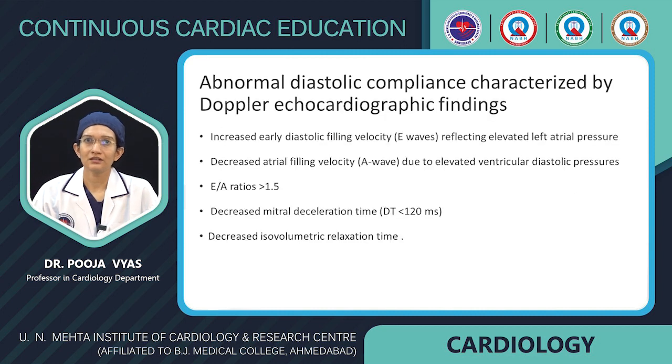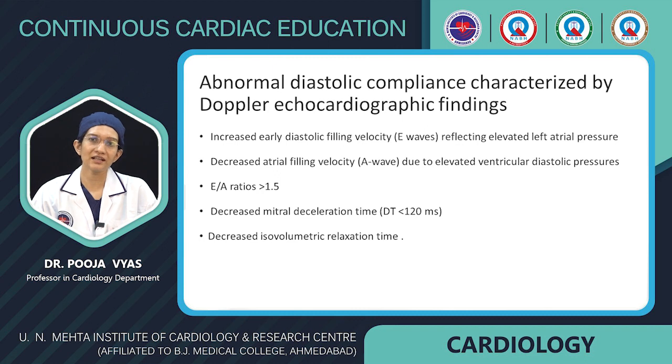So abnormal diastolic compliance will be there, and we can find that on Doppler echocardiographic examination. There will be an increase in early diastolic filling velocity, the E wave, which reflects elevated left atrial pressures, and there will be decreased atrial filling due to the elevated ventricular diastolic pressure.